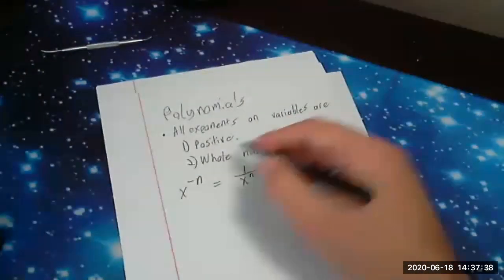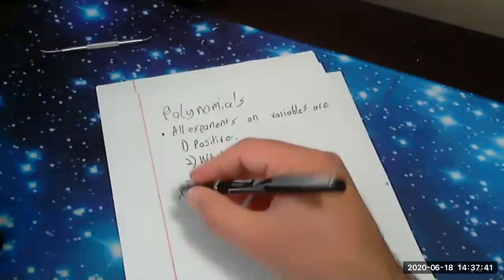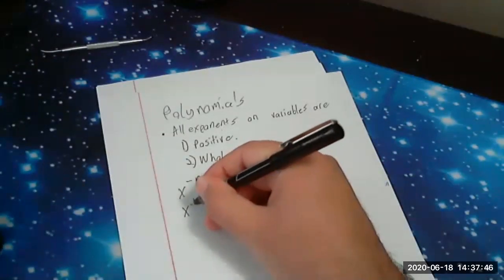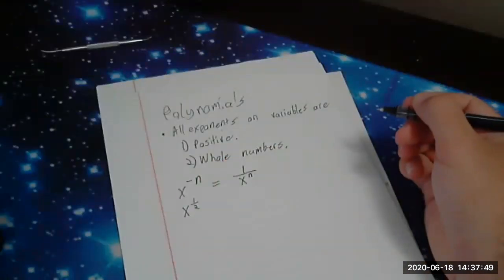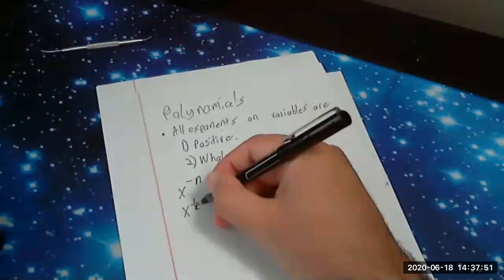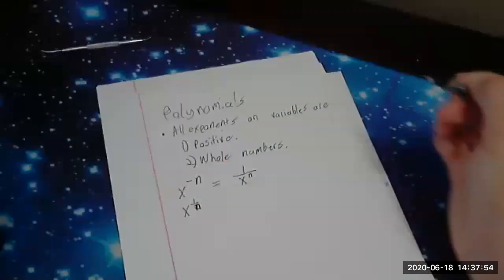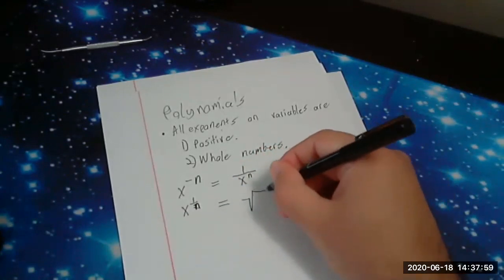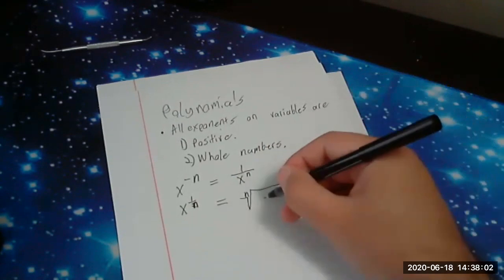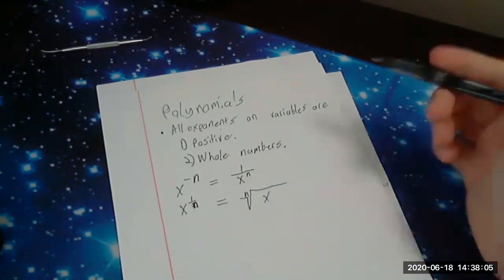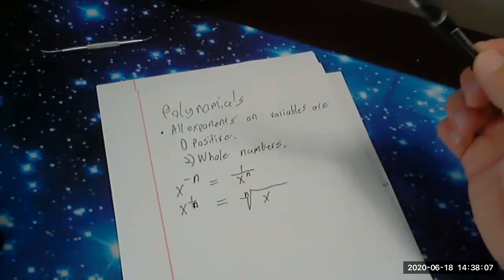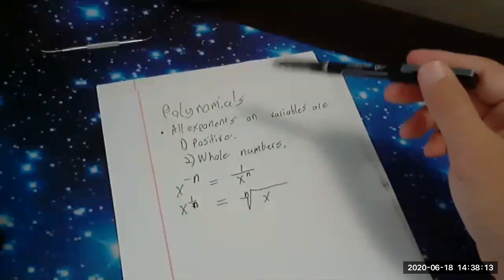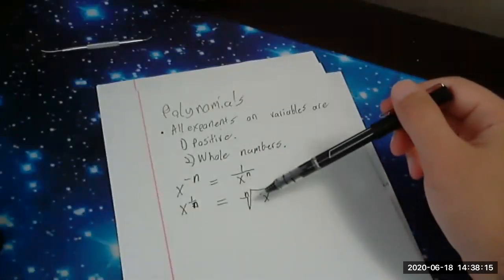And the whole numbers for the exponents, like we said, x to the 1/2, or we'll just do n. So x to the 1 over n is the nth root of x.